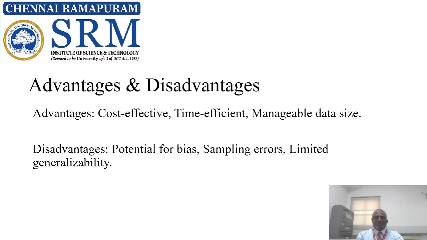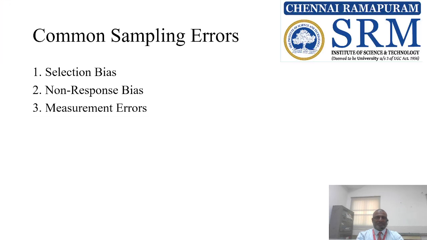That kind of bias we can call a potential bias. And sampling errors also will be there. And when we are taking a small number of samples, or when it is confined to one kind of area, the results may not be generalizable to each sector. That is also one kind of disadvantage.